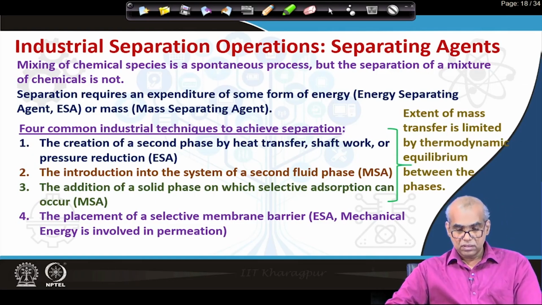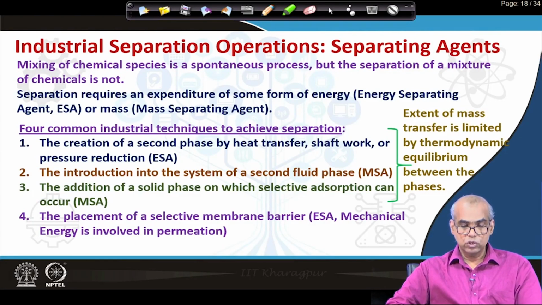Except the membrane separation process, all other separation processes involve creation of a separation phase, introduction of a second fluid phase into the system, or addition of a solid phase on which selective adsorption takes place.